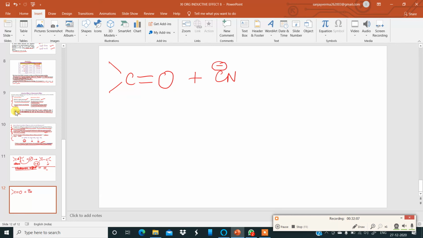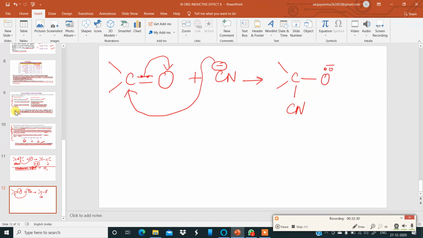Now this CN minus is not going to attack the oxygen. It is going to attack over here at the carbon. That is going to cause a displacement of the electrons onto the oxygen atom. So this results in the formation of a species something like this, with CN over here, and oxygen becomes negatively charged.